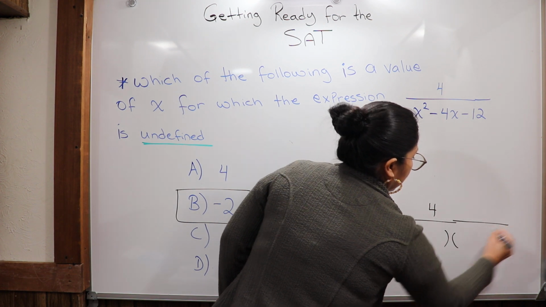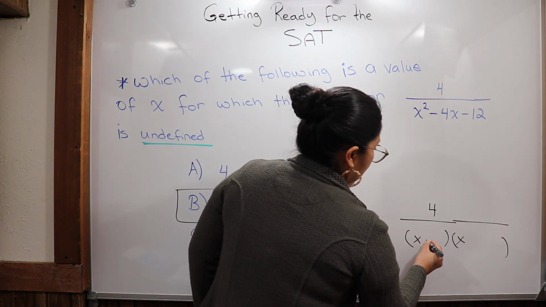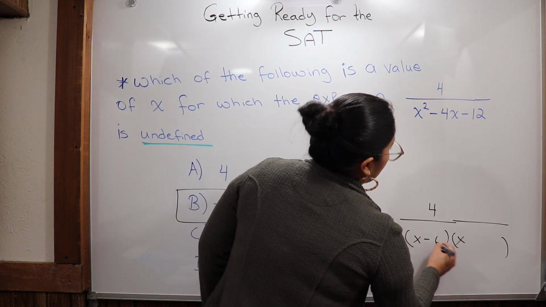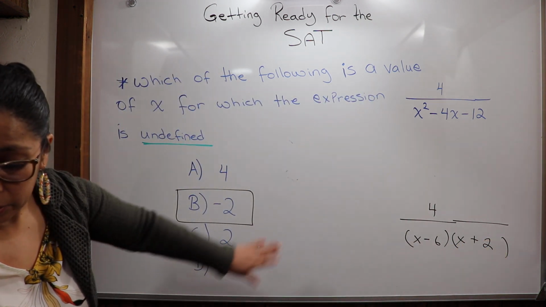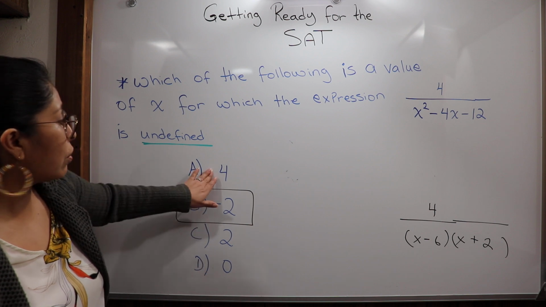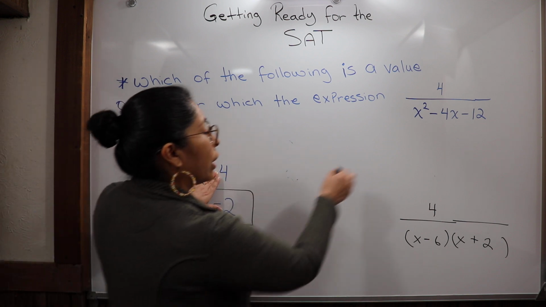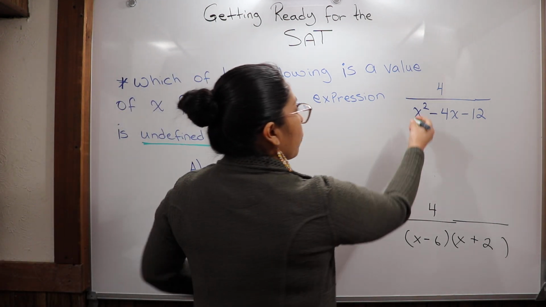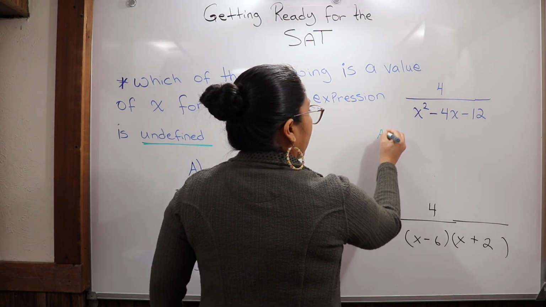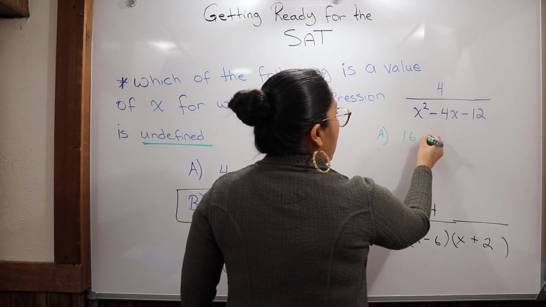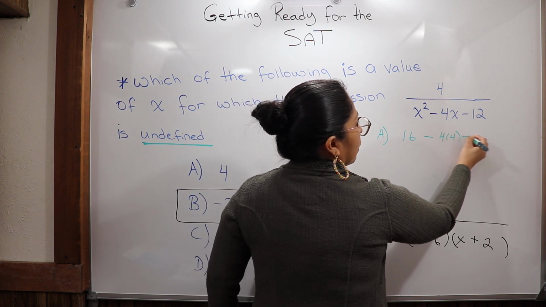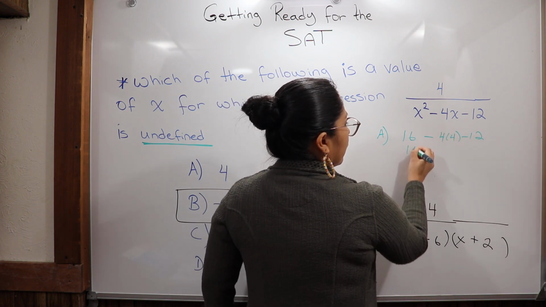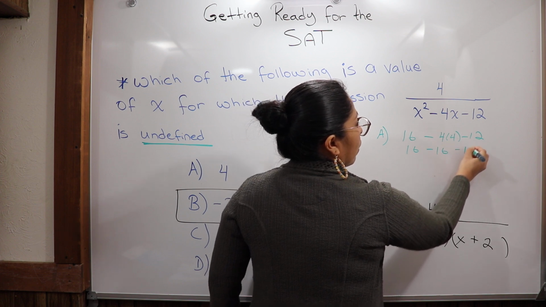So this is going to be minus 6 and plus 2. So if you don't know how to do your factoring, you can plug it in. Go with the 4 here, and then you say 4 squared is going to be 16. This is going to be 16 minus 4 times 4 minus 12.